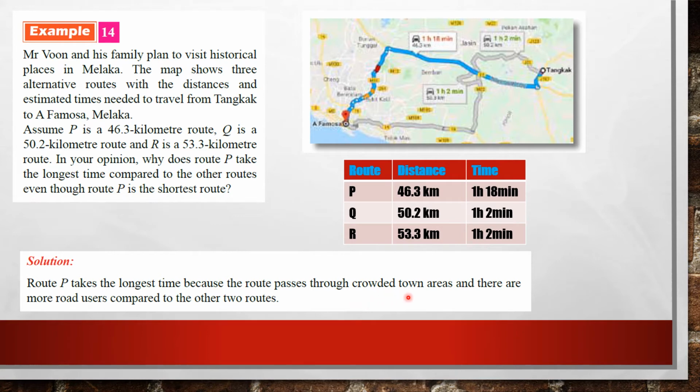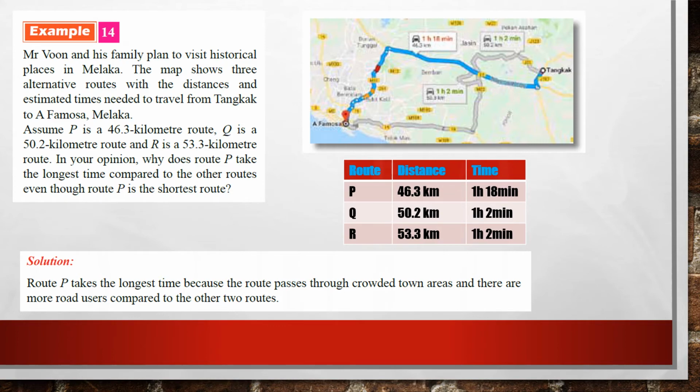So crowded town areas, that means there will be terrible traffic there. So that's why route P takes longer time. So for example 14, you just give your explanation. Why is route P the shortest route but takes the longest time? Just give some explanation.